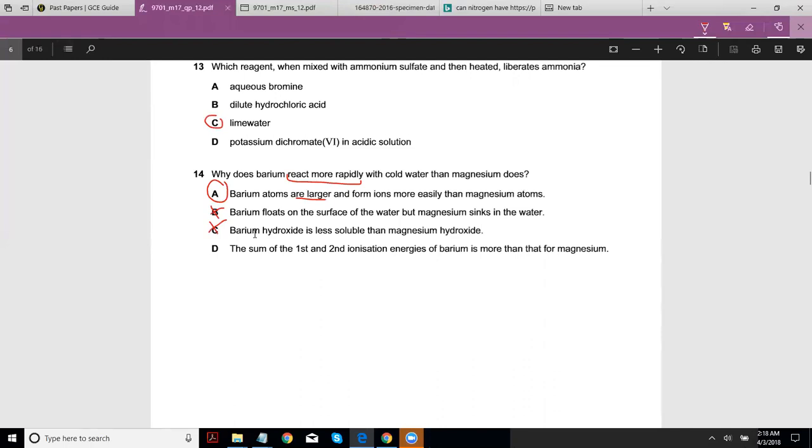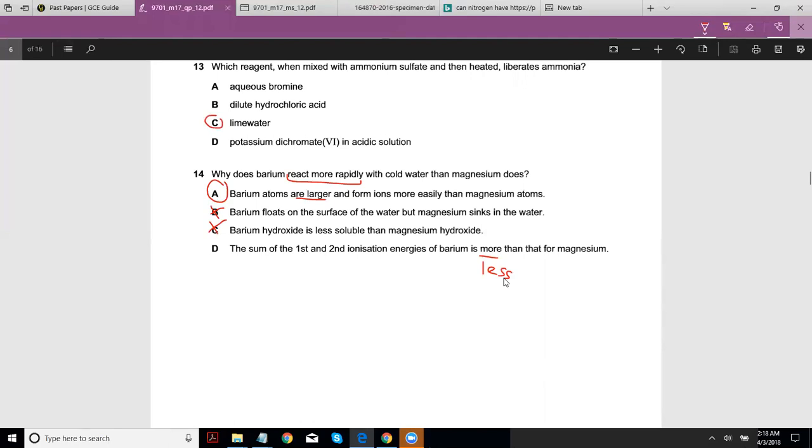The sum of the first and second ionization energies of barium is more than that for magnesium. I mean, if they had said less here, it might have made sense, because ionization energy is basically removing the 2 valence electrons. Ionization energy decreases down the group because of what we talked about, shells and nuclear force of attraction.